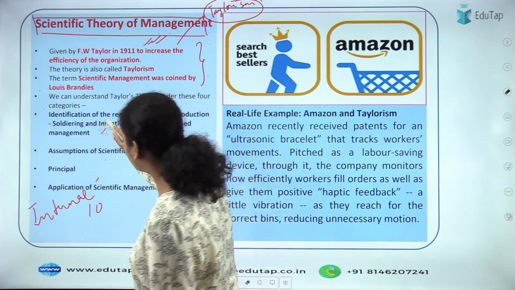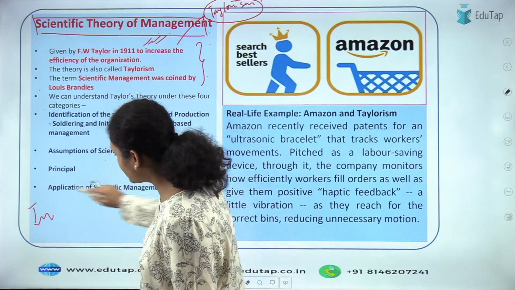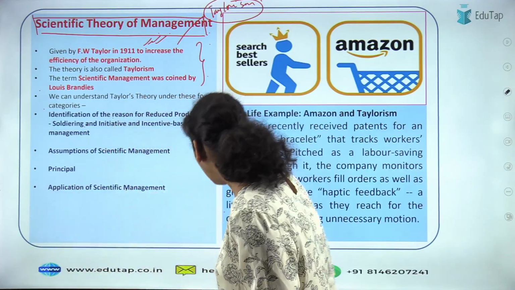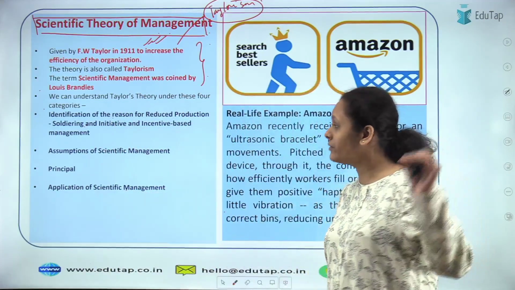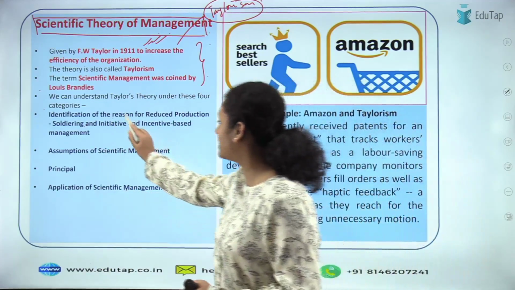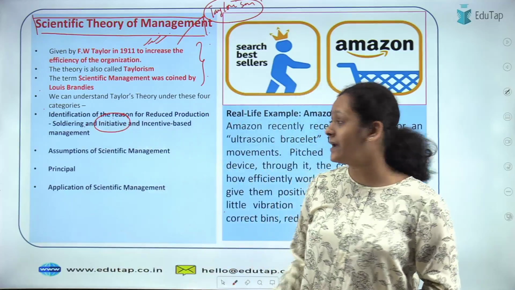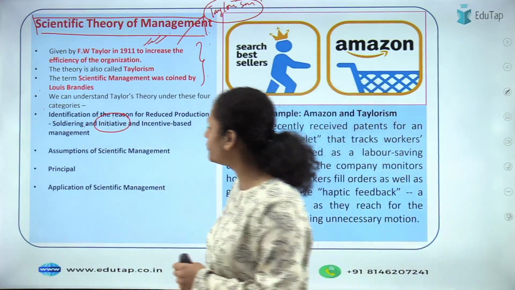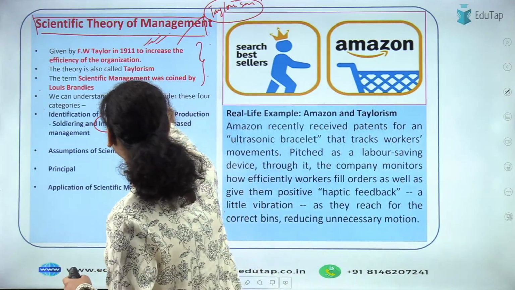Why would they initiate the task? Because the more hours they work, the more incentives or wages they receive. So because of this factor, the workers initiated the action, and the managers who were to look upon them were very lazy.